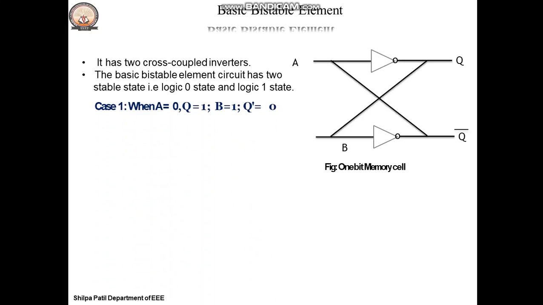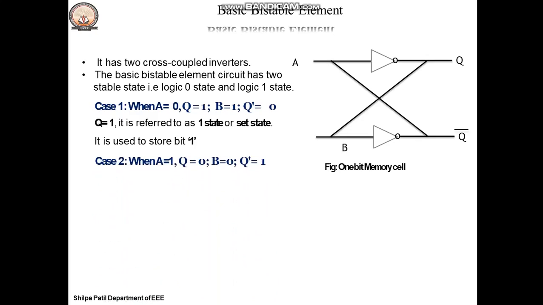When Q is 1, we call it a 1 state or a set state. Therefore, this is used to store a bit 1. Similarly, when you take A equal to 1, then you will get Q equal to 0.